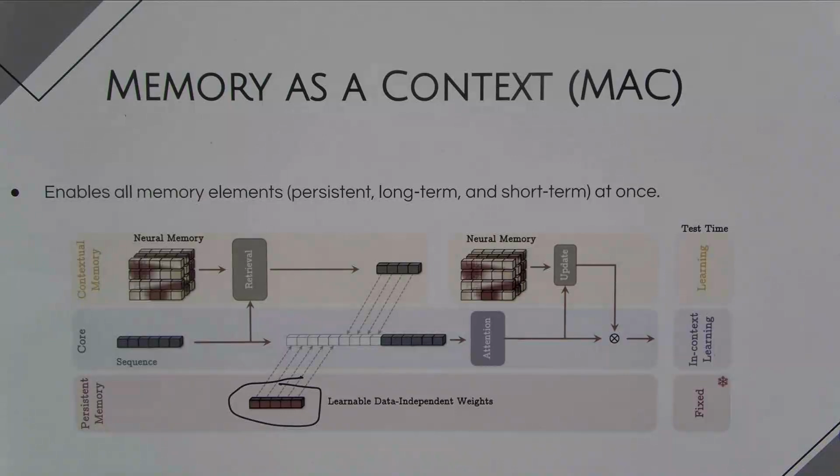And that creates a massive bias towards earlier tokens. So by having persistent memory right at the beginning, you're essentially forcing your attention to learn to avoid that bias.